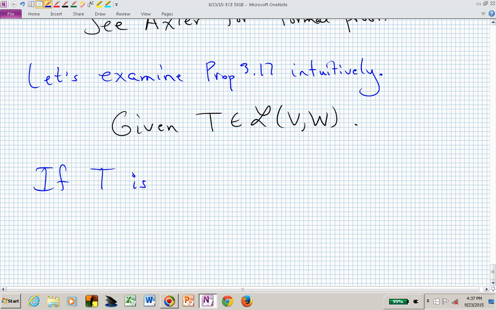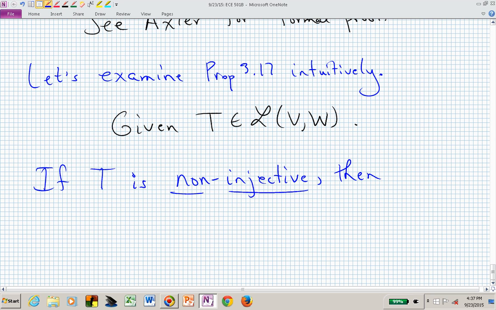So if T is non-injective, what does that mean? That means it has a non-trivial null space. What does that mean? If you have a non-trivial null space, what does that allow you to do?